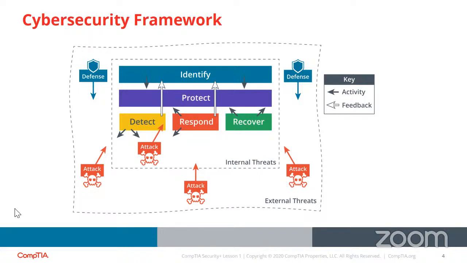All right, so in this framework, we have processes given. The first of the processes has to do with what? Identifying. All right, so for example, you want to secure an environment. Now, you need to be able to identify the risks and threats that exist in that environment.